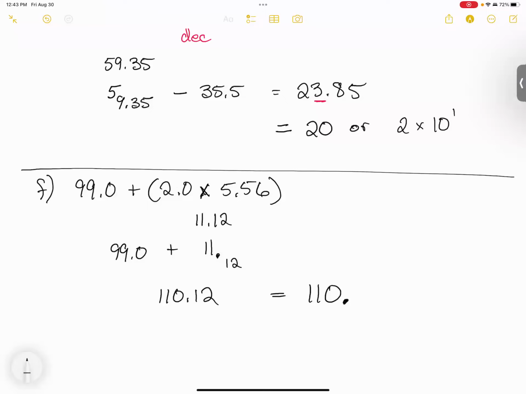Why did I only record what was in front of the decimal? It came back to here, and that had no decimal places left. But what matters in addition and subtraction? The decimal. So that's why I went ahead and put the point there, so that you knew that we had to keep everything to the left.